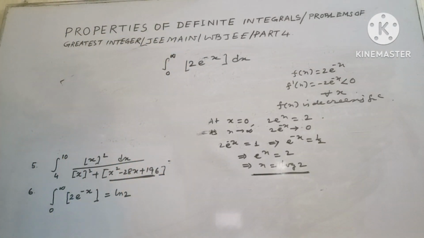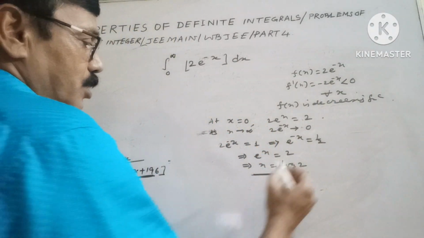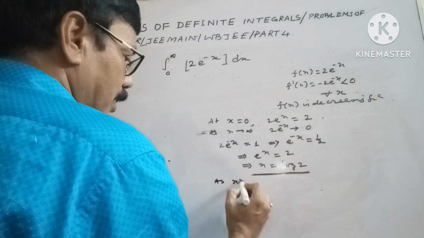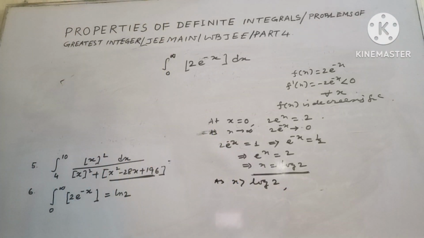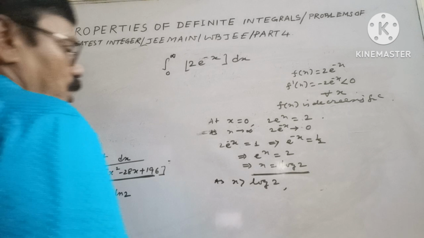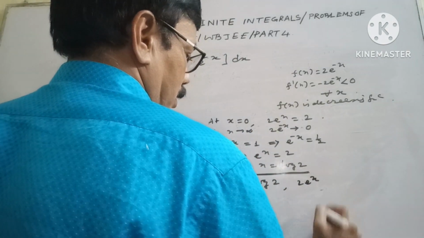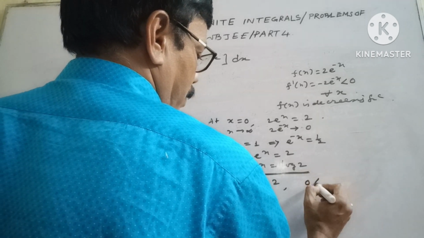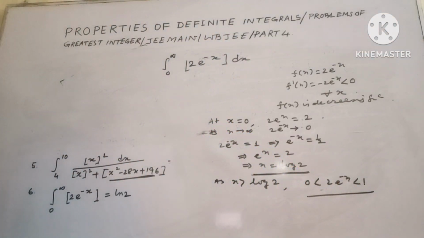Now, since it is a decreasing function, for x greater than log 2, this value 2e to the power minus x will be in between 0 and 1.